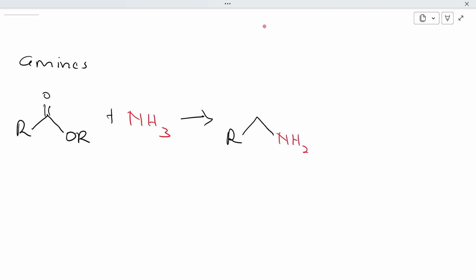Whenever an ester reacts with ammonia, we are going to form, and this is called a primary amide, or amide.